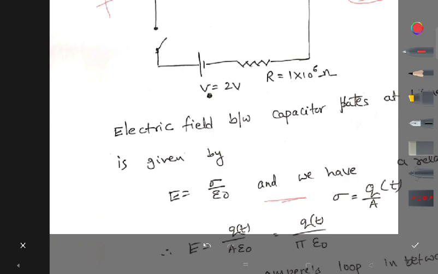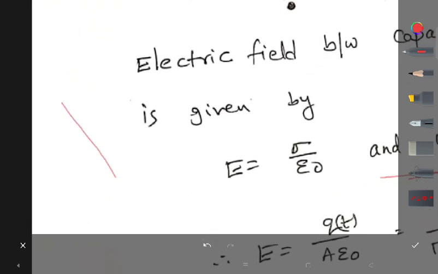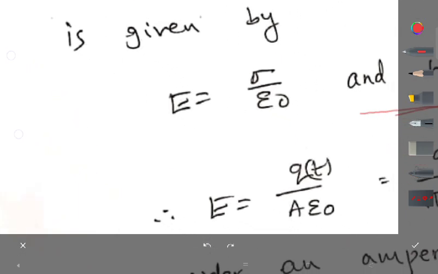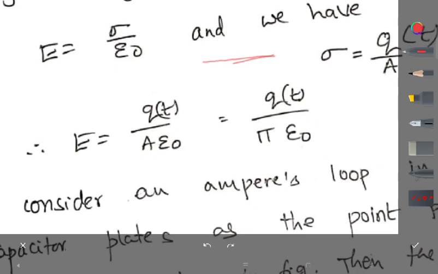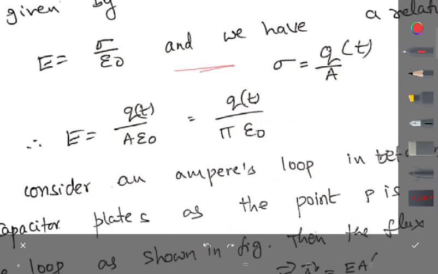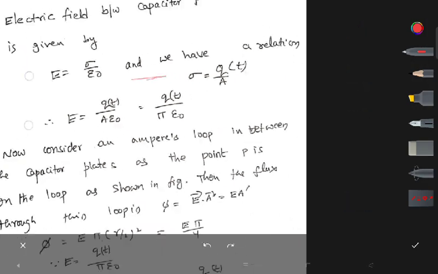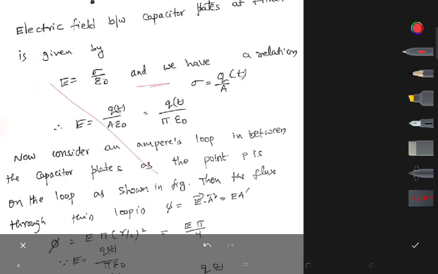The charge varies with time. Therefore E equal to Q of t by A epsilon naught, where A equal to pi, so Q of t by pi epsilon naught.